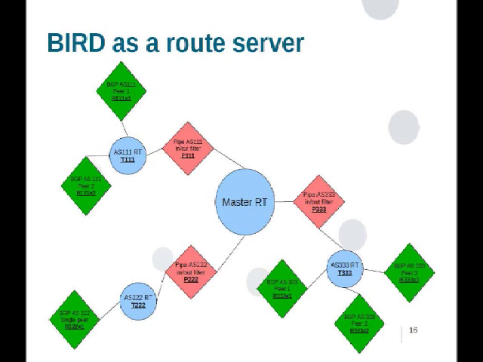So what you see on the picture is that you have routing tables, the blue circles, for every peering AS number. As these AS numbers may have more peers, more IP addresses, those are the green stuff.